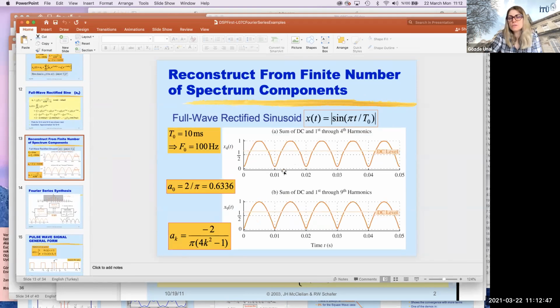Now you start adding. This is just to show that A0, but just discard that for a moment. Even if you added the first to fourth harmonics, you started to get something like the rectified sine wave. The sum of first to 9 harmonics is much better. You see the point?